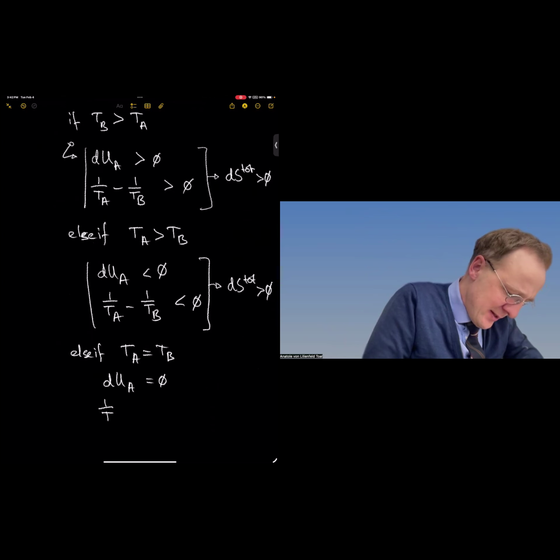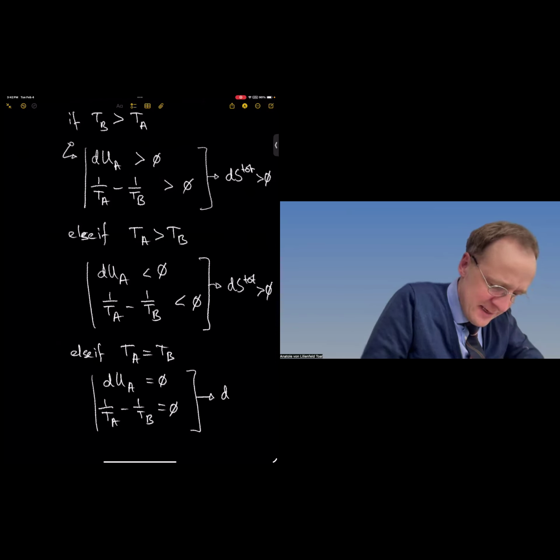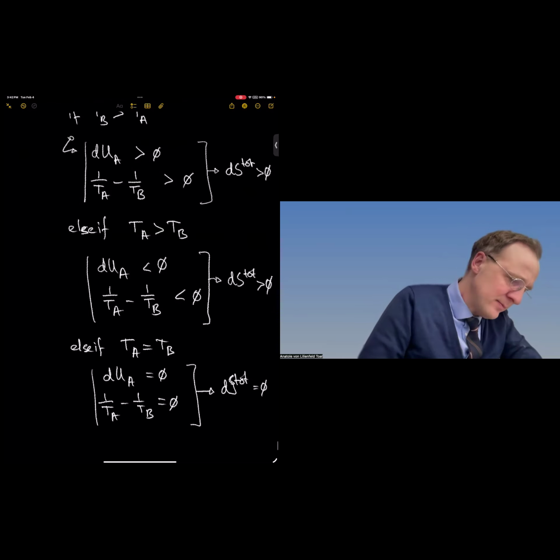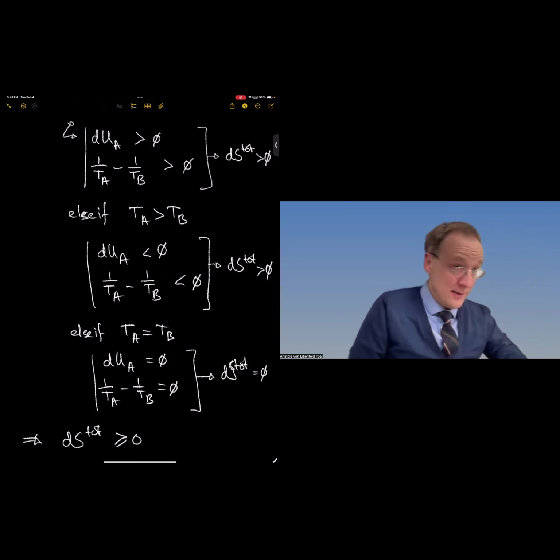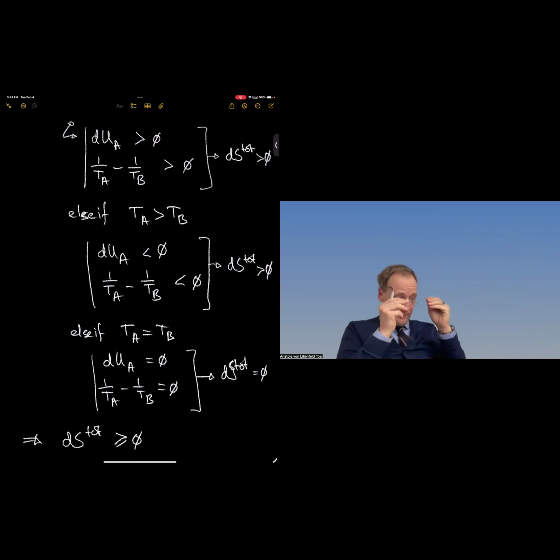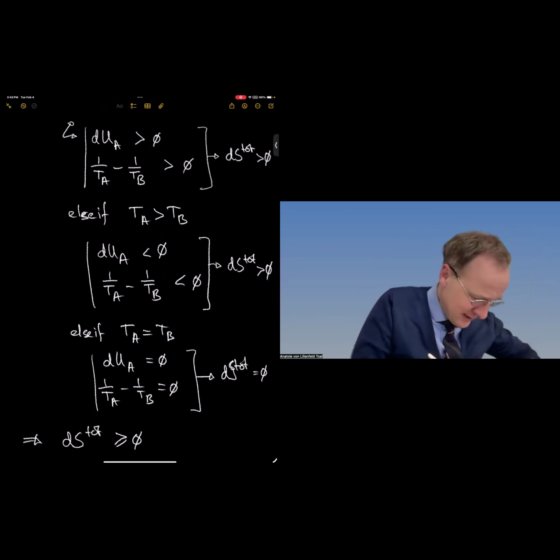And the difference between the inverse temperatures must also be 0. And so in this case, dS_tot equals 0. In other words, no matter what you do, dS_tot will always be equal to or larger than 0, which is the second law.